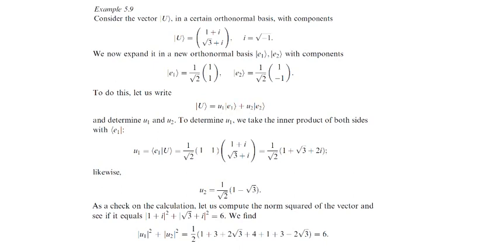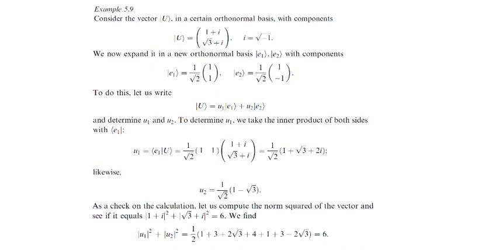But we need to know how much times e1 plus how much times e2 will give you the same vector u. That is, you need to evaluate u1 and u2. Now, how do we determine u1 and u2 from this relation? All you need to do is to determine u1. You need to isolate u1, isn't it?